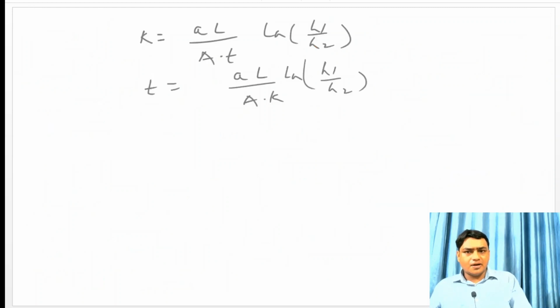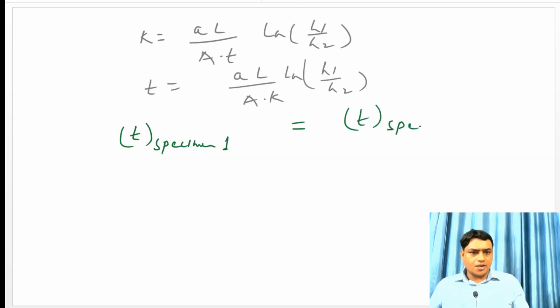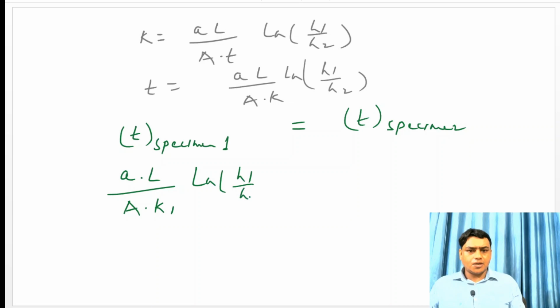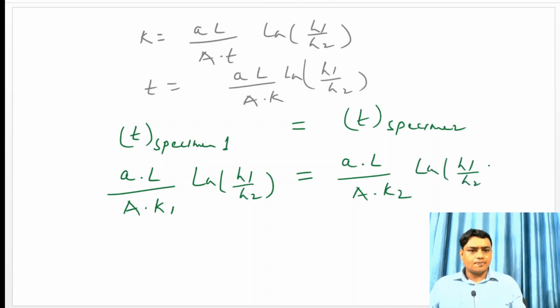So we can write, time interval is same, so time for specimen first is equal to time required for specimen 2, exactly the same. So we can write aL divided by A K1 ln H1 by H2 is equal to aL divided by A K2 ln H1 by H2, because the area of standpipe will be the same, cross sectional area will be the same in identical conditions, and length will be the same.